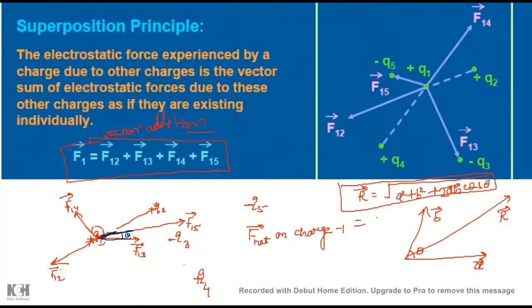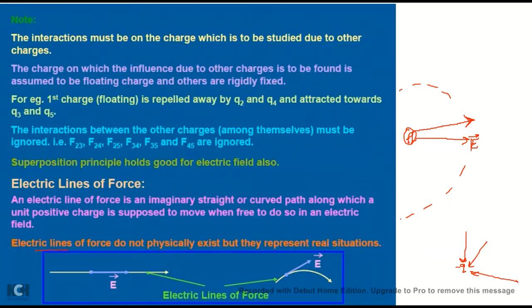You can see in the diagram, the electric field lines do not physically exist, but they represent the real situation. It means if the electric field lines are moving in a straight line, their direction is represented by an arrow, but if they are moving in a curved manner, then the direction of the electric field lines will be tangent to it.